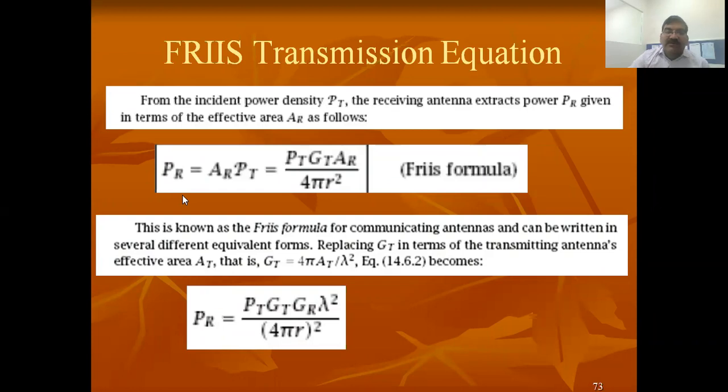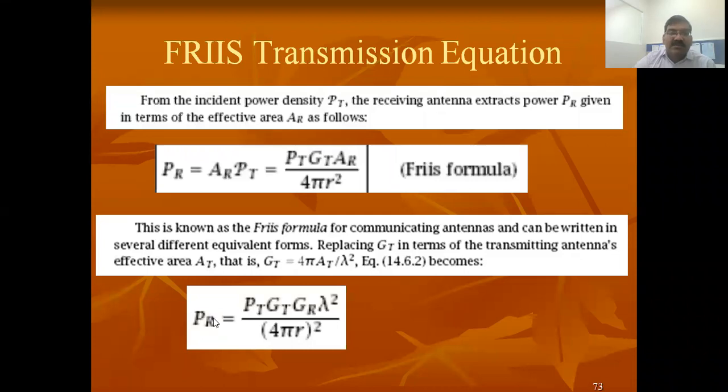It can be modified in many other ways, but this is the basic formula. Now GT, the gain of the transmitting antenna, can be calculated as 4 pi AT upon lambda square, where AT is the transmitting antenna aperture. If you put this in the formula, you can rearrange it.